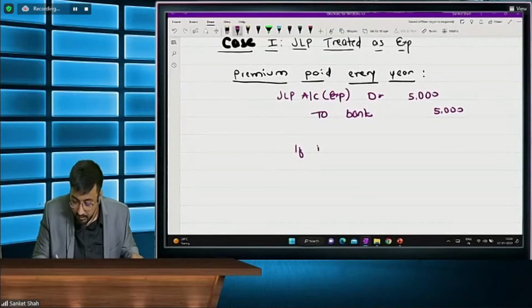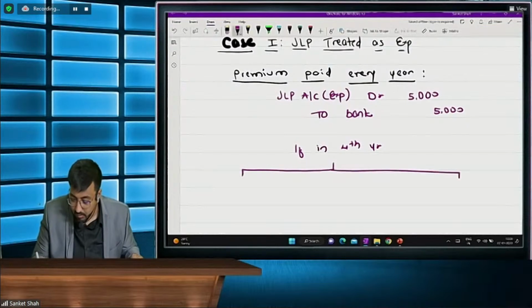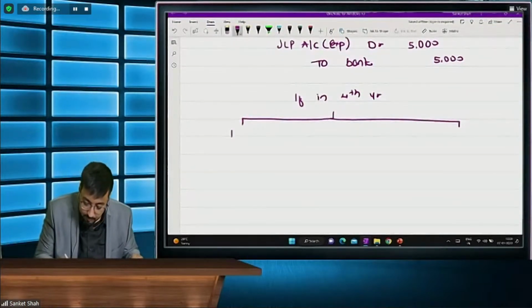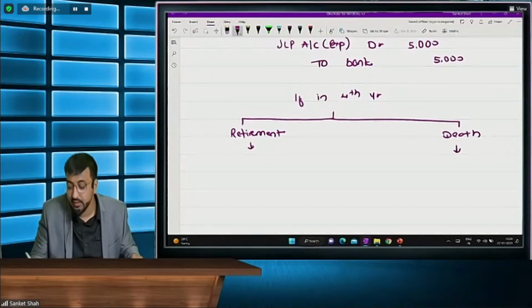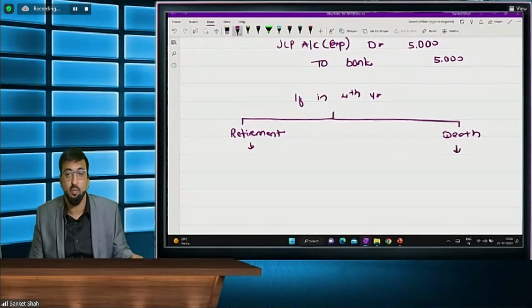If in the 4th year, divide it in 2 parts: retirement and death. How much value will you get in retirement and how much in death? Tell me.